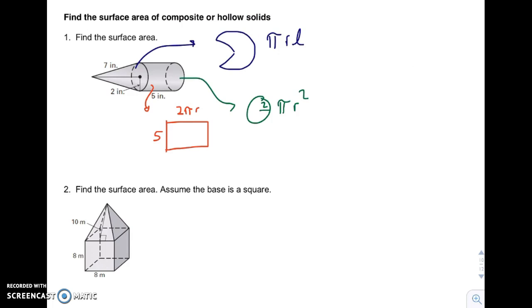So the three things that we need to add together here: pi times the radius times the slant height plus pi times the radius for the circle at the bottom, which is also 2 squared, plus this rectangle, which is going to be 2 times pi times 2, all times 5.